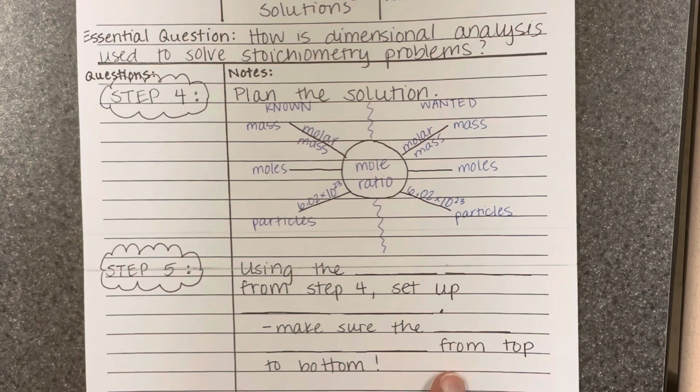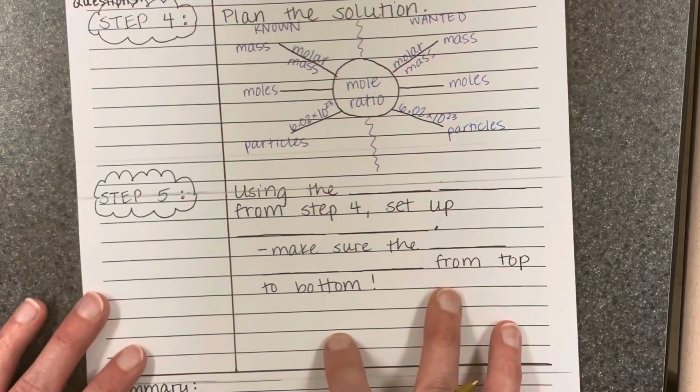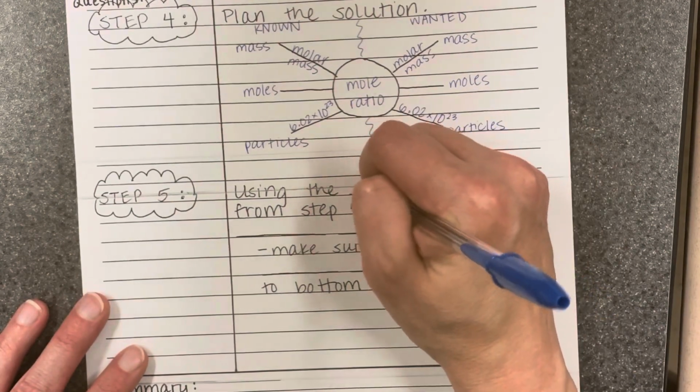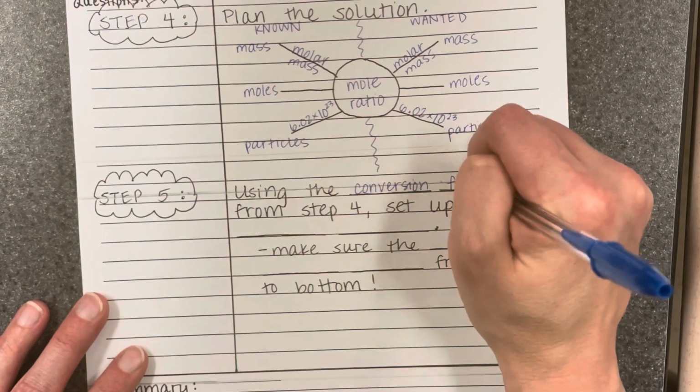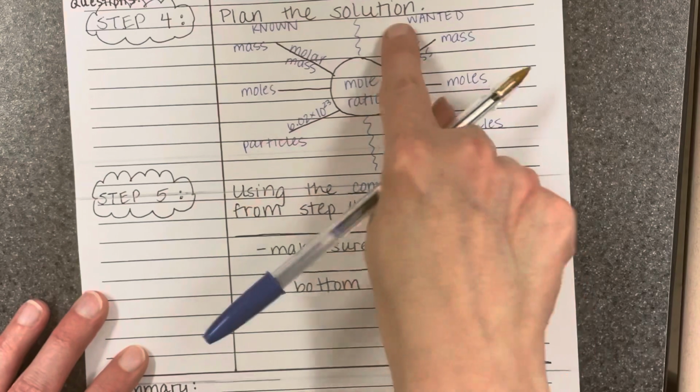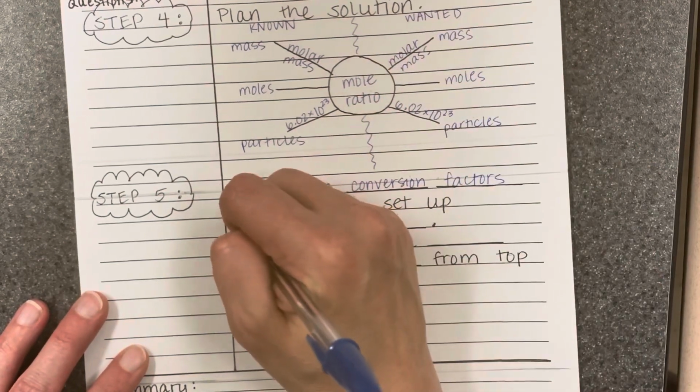So what we're going to do is use those conversion factors in the order that we determine using this mole map up here in order to set up our dimensional analysis.